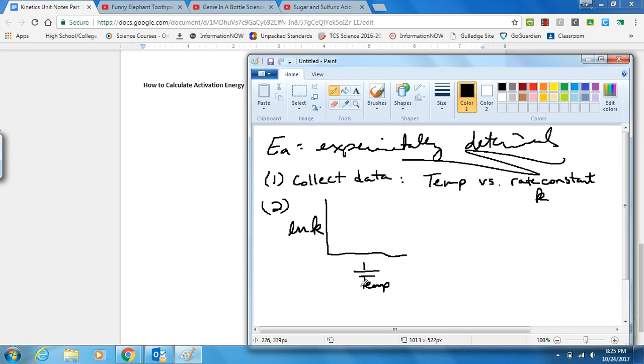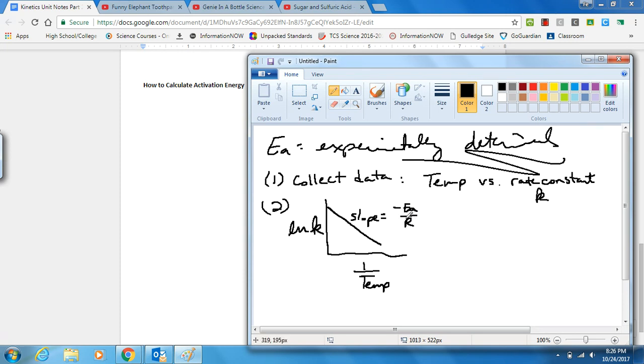So 1 over temperature. And when I plot that data, I'm going to get a straight line that's a negative slope. This slope is very important because this slope is equal to negative activation energy over R.